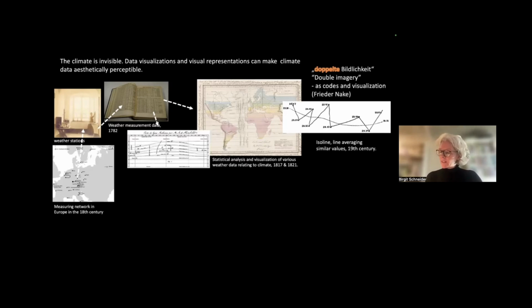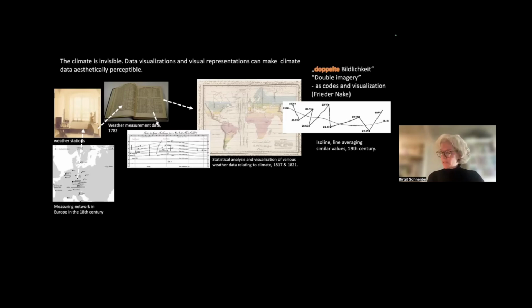Since at least the end of the 18th century, the potential of such images has been recognized in their ability to reveal complex information, as, for example, William Playfair said, at a single view, auf einen Blick. This is always the promise of many of the data images, that they are able to reveal complex, abstract information at a single view.